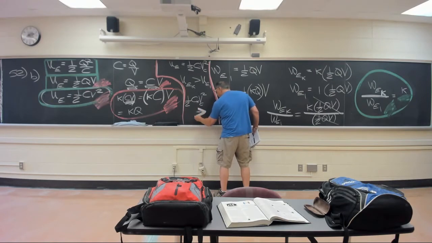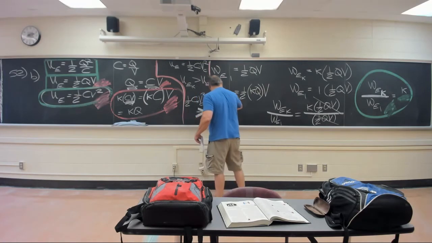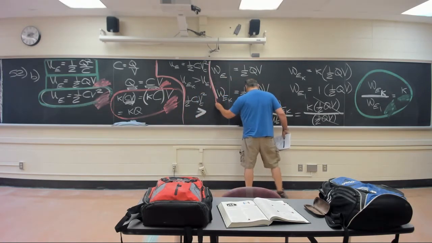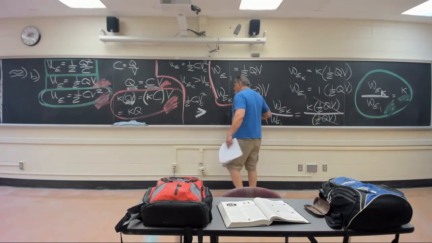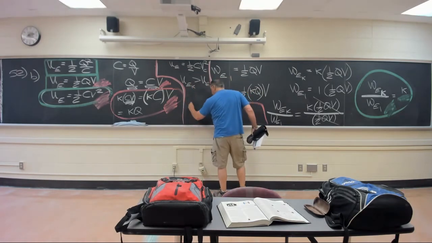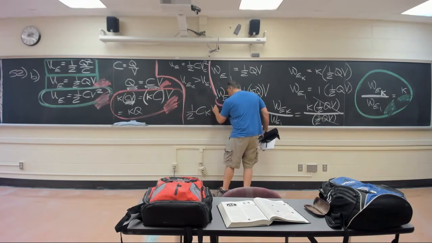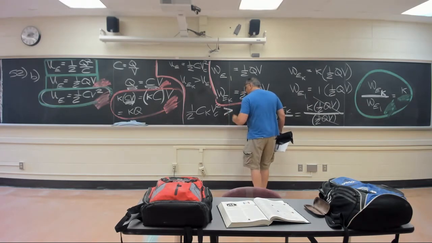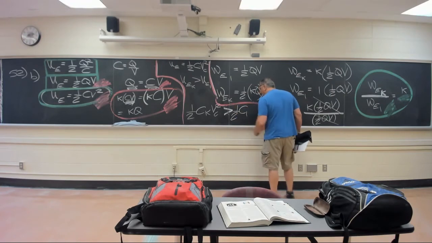I don't know if it's the best spatial choice here, guys. That's bigger than 1 over C with a kappa of 1.